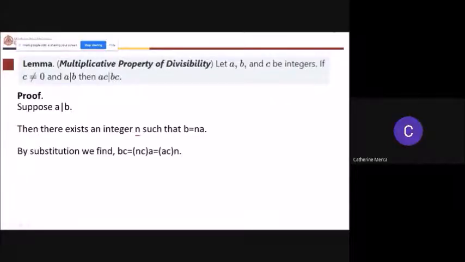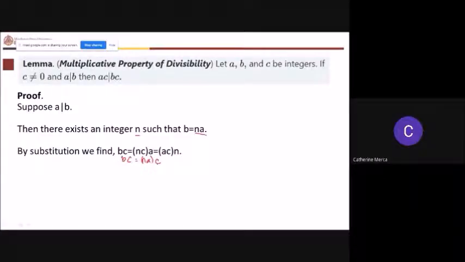So, if you have bc, that becomes nac. Ang b kasi ay na. Di ba? Dapat dito, bc is actually na times your c.